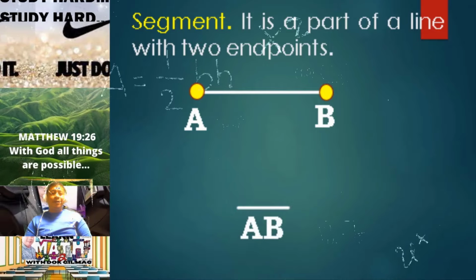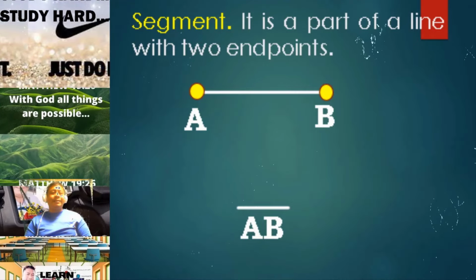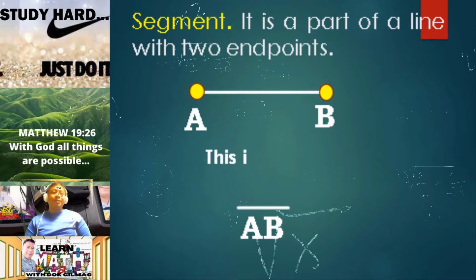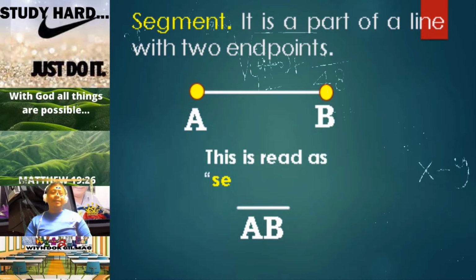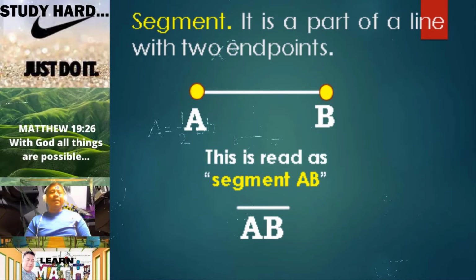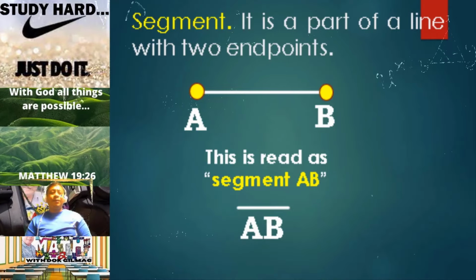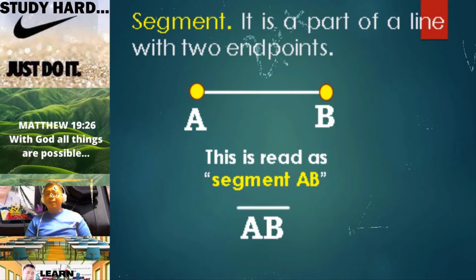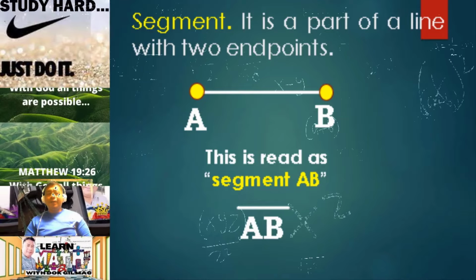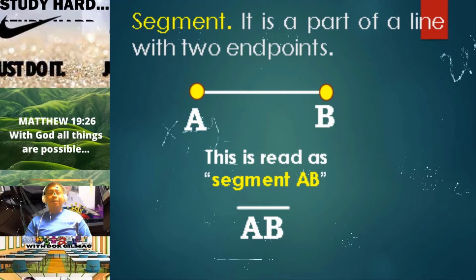This symbol here is used to name a line segment. So this is simply read as segment AB. As you can see, the two endpoints given here are point A and point B.